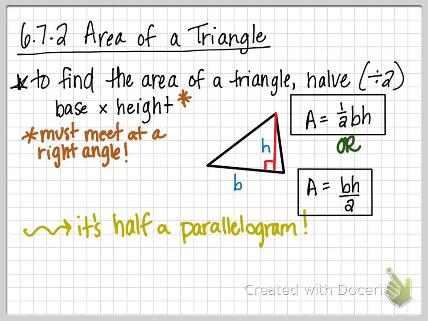So you can choose which one you like better. I like this one better: base times height divided by 2. But they are the exact same thing, where you do the base times height and divide it in half. Okay, so that's how we would find the area of a triangle.